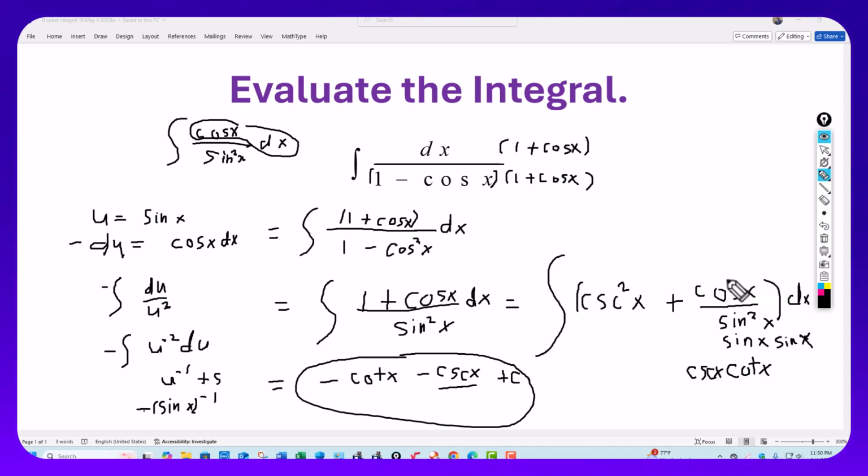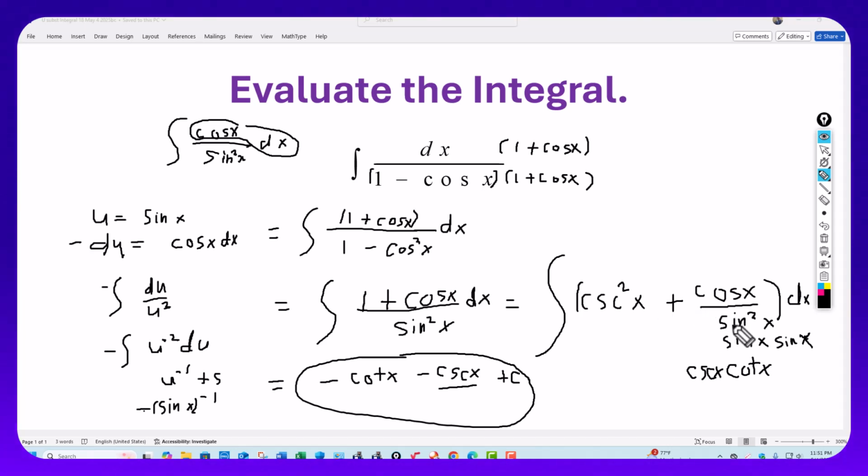So here I'm just pointing out that sometimes you have a problem and there's more than one way to solve it. I have two integrals actually here, if you want to think of it that way.